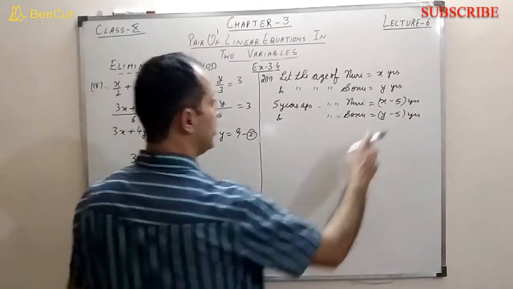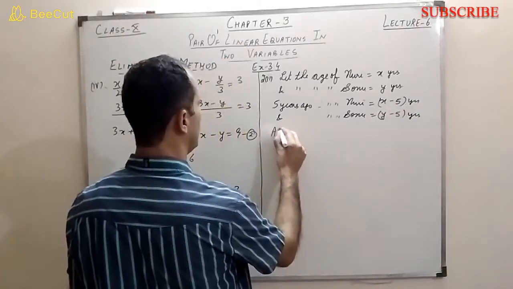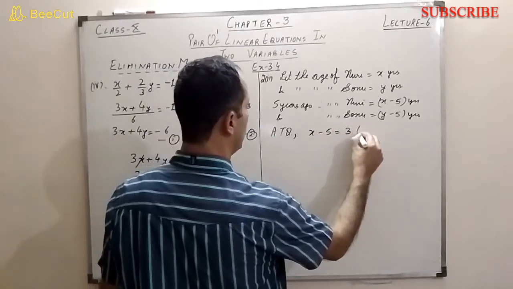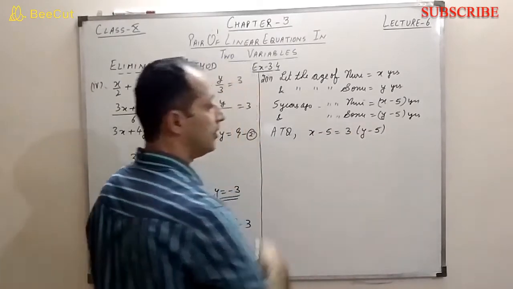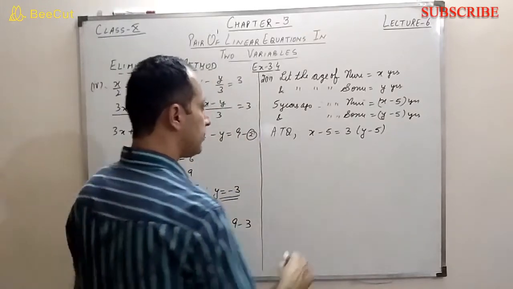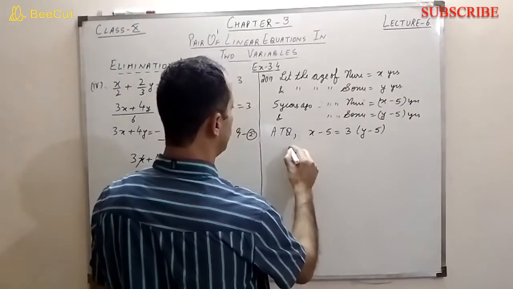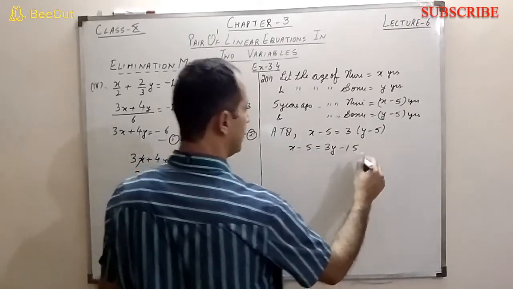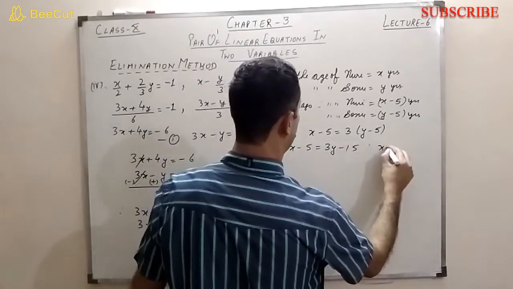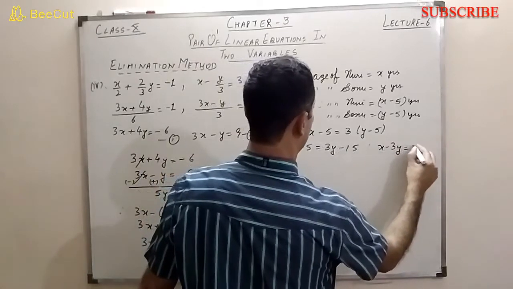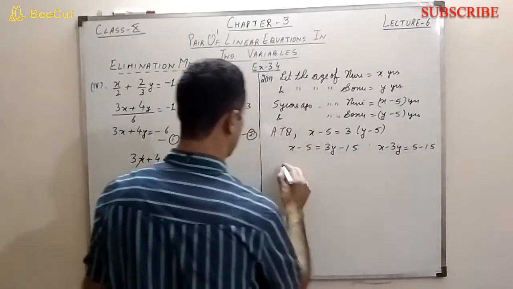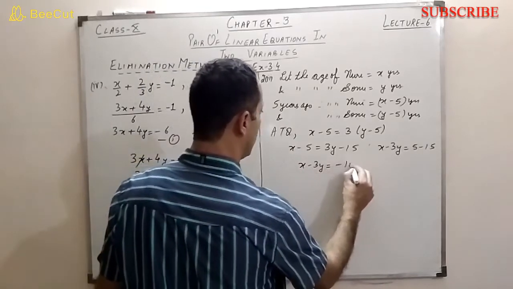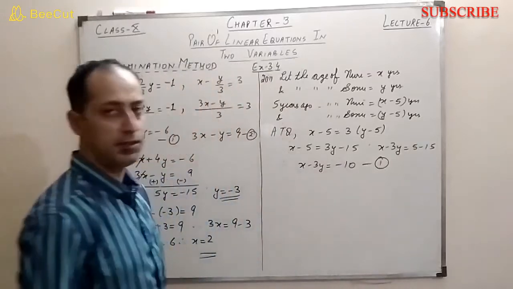So according to the question we have x minus 5 equals 3 into y minus 5. Now we multiply: x minus 5 equals 3y minus 15. Therefore x minus 3y equals 5 minus 15, so x minus 3y is equal to minus 10. This is our first equation, right?